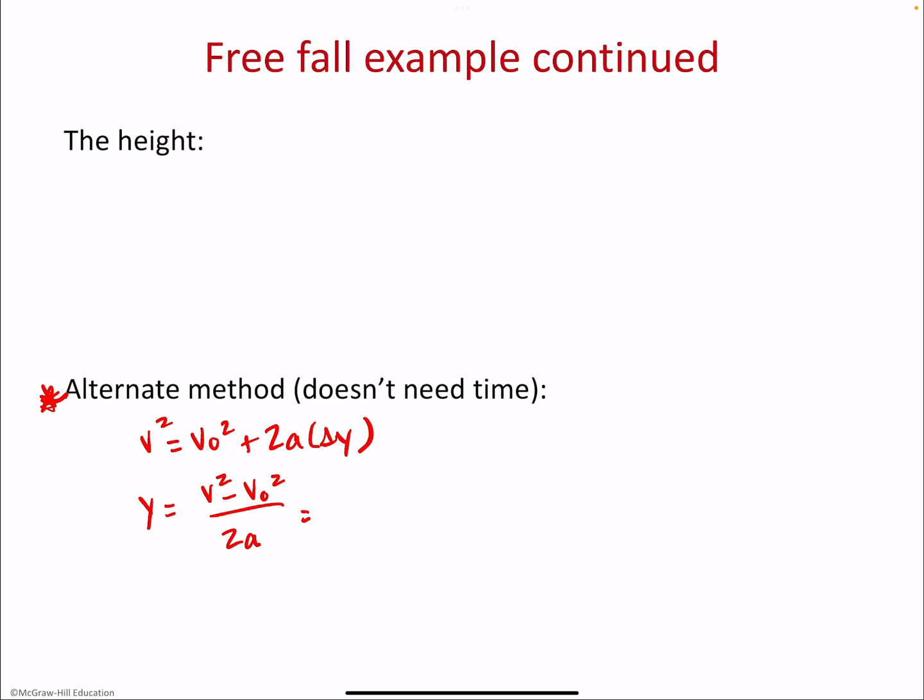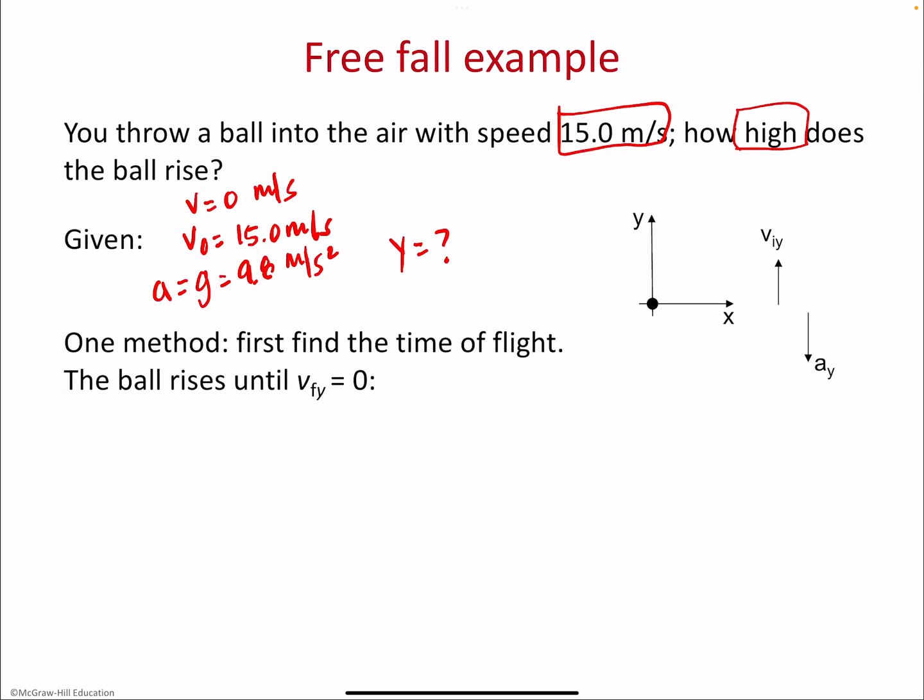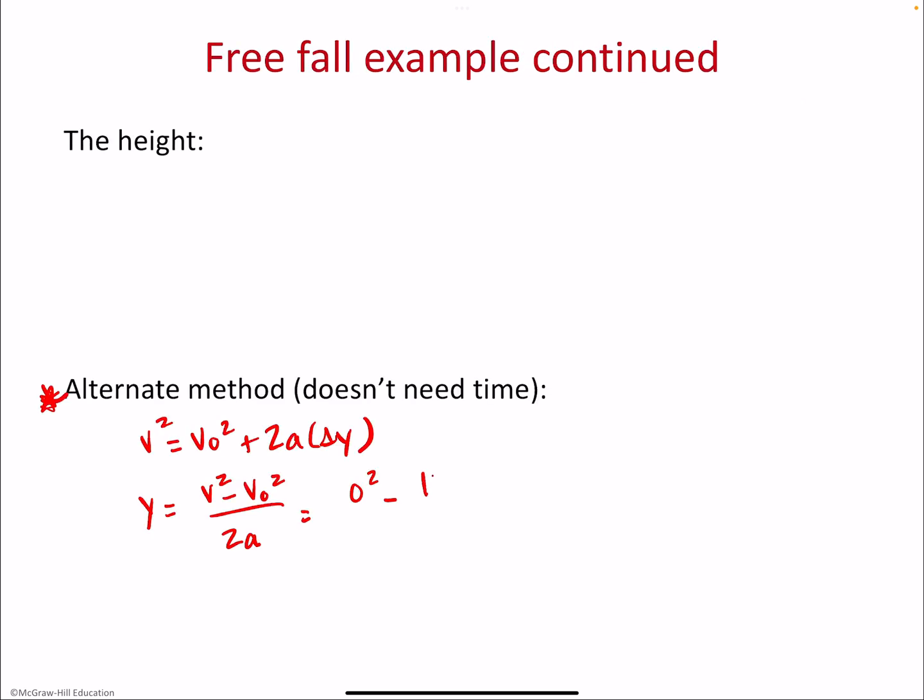What is the final velocity at the top of the height there? 0 squared again, minus the initial velocity that we were given, which was 15. But we have to make sure and do what? Square it or it'll all fall apart. 2 times, okay, what is the acceleration? Even though it did not give it to you in the problem. 9.8, is it positive 9.8?